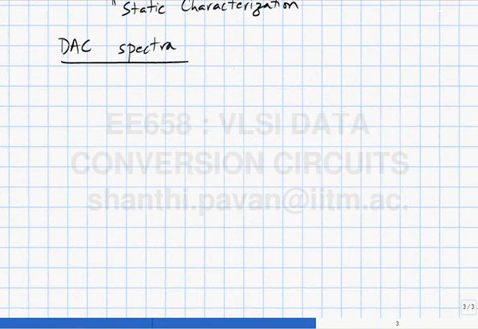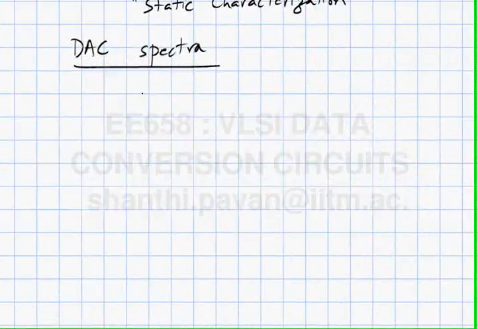The output of a D2A converter from the spectrum point of view, a D2A converter can be thought of as simply a device which converts stuff from discrete time to continuous time.